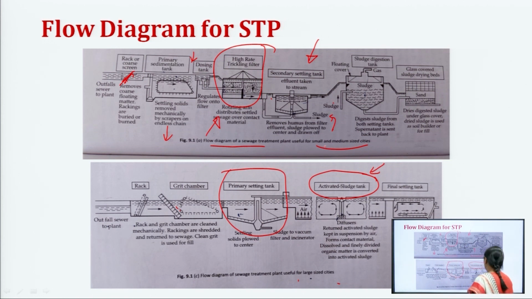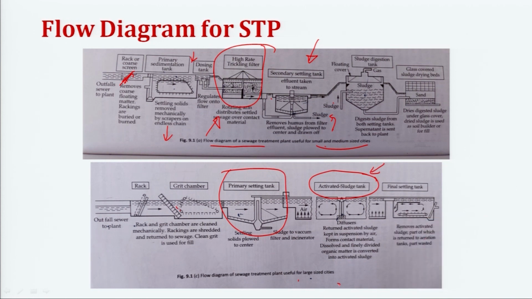At the same time, in large cities we do not have that much area, and a trickling filter is going to take a larger area than an activated sludge process. So it will be wiser to use an activated sludge process in a large city.